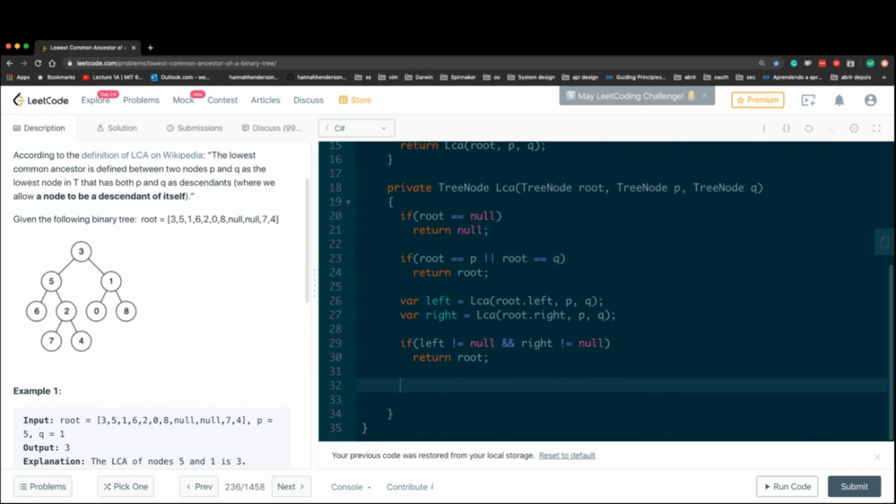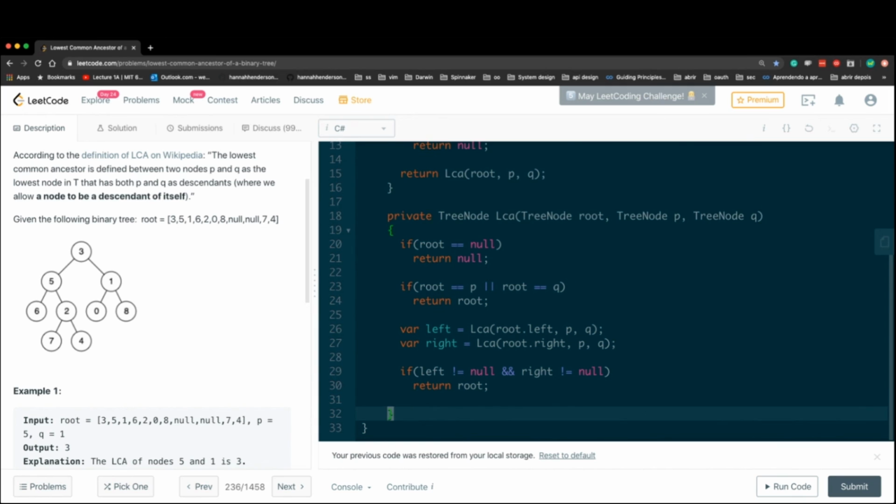If any of these cases returns us true, we just need to continue our calls in the stack. So to do that, we just need to check if any of the nodes are not null. Here we check if both are not null. Now we need to check if any of them are not null.